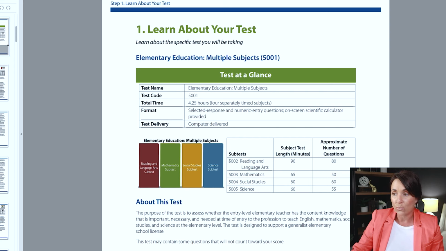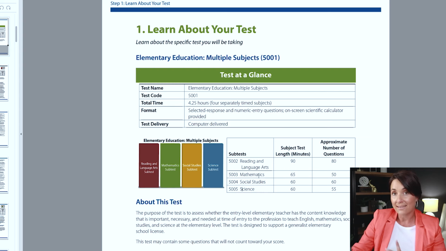And you can see here that reading and language arts is test number 5002, math is 5003, social science or social studies is 5004, and science is 5005. So the whole test itself is 5001, but each subtest in order goes 5002, 3, 4, and 5.